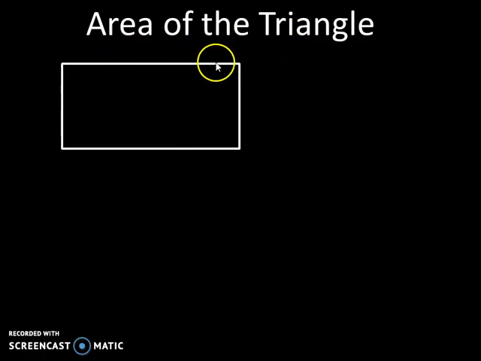You can see this is a rectangle, and if we make two parts from these two vertices, we will get two triangles. This is one triangle and this is one triangle. So how many parts have we made of this rectangle?